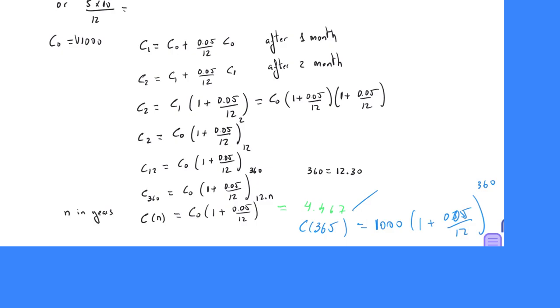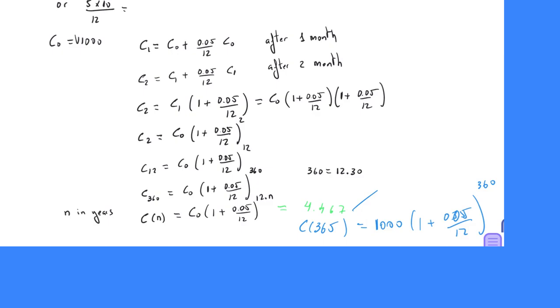So you can compare what has happened in the last 30 years in terms of inflation. For example, you can buy maybe a car. 30 years ago, you could buy a car for $4,000. And now this car will cost you 10 times more, $40,000.